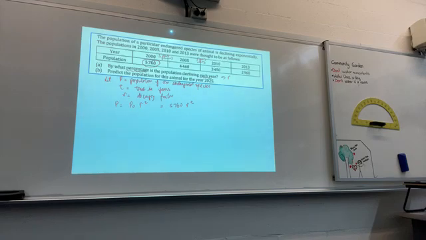So what we start off with, we can go to P5 equals 5760 R to the power of 5. You know that P5 is 4460, equals 5760 R to the power of 5.